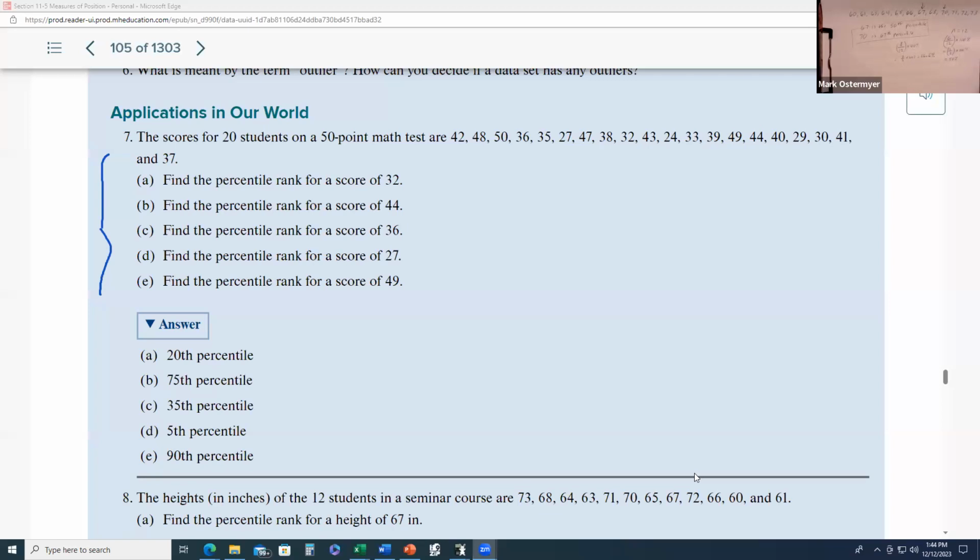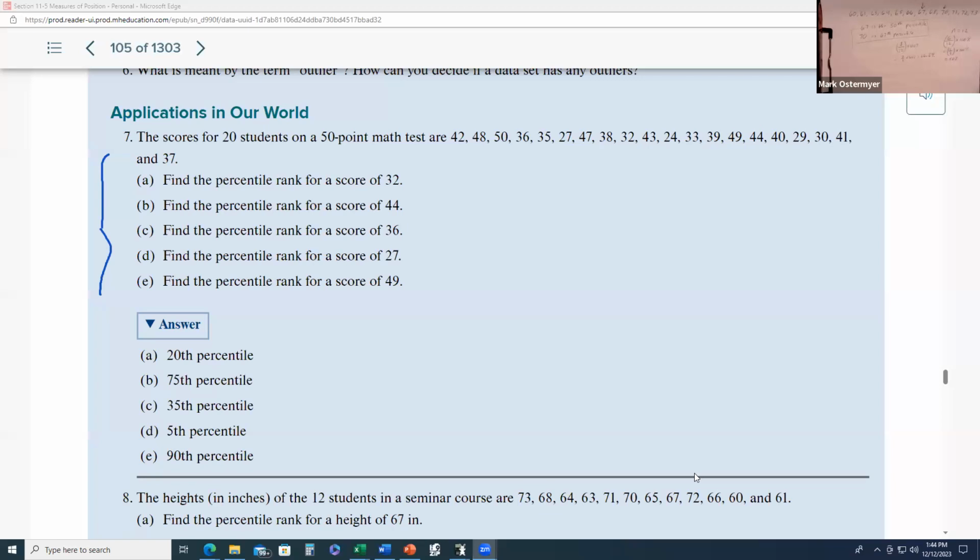Anybody compute the percentile rank for 36? Thirty-fifth percentile. All right, that sounds pretty good.